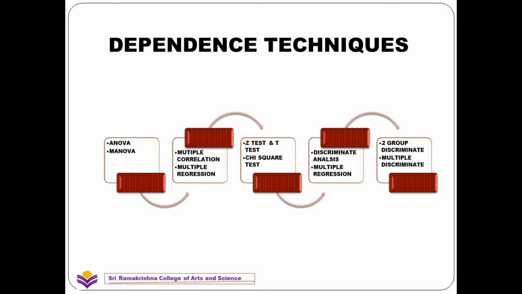But multiple regression is used to predict a dependent variable alone. Discriminate analysis has a criterion variable: two group criterion variable and multiple discriminate. Two group discriminate means the criterion variable has only two categories. Multiple discriminate means more categories are involved.